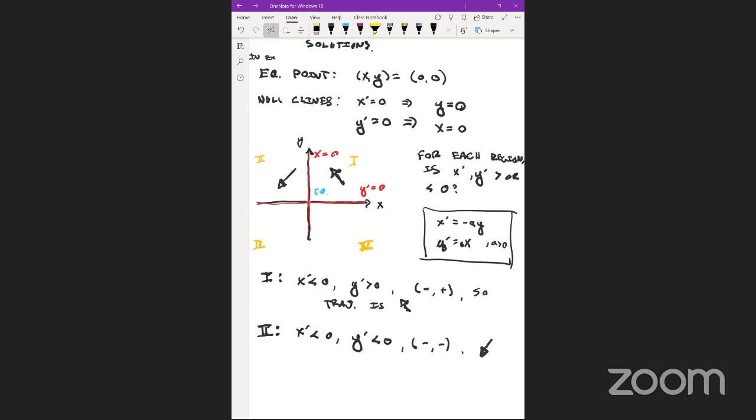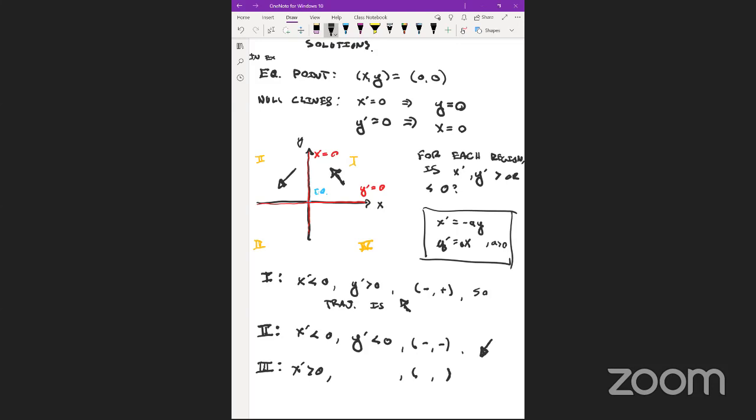Okay. What about in region 3? Right, we're going to get x prime greater than 0, exactly.